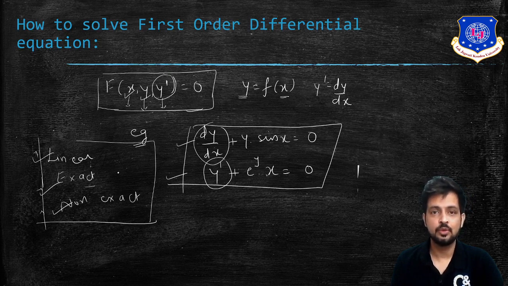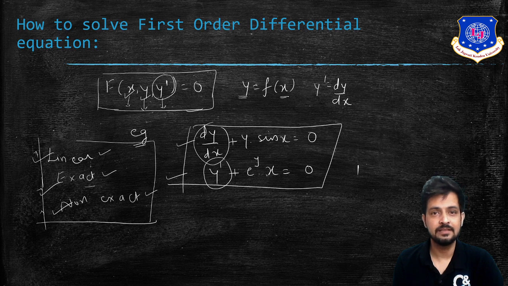Similarly, if the equation is in the exact form, then you first have to check whether it is exact or not, and if it is exact, then the solution of the exact differential equation is to be used, and for non-exact you have to use 4 different cases. So in this way, if any first order differential equation is there, you can solve it like this. You have to check whether it is linear, exact, non-exact.